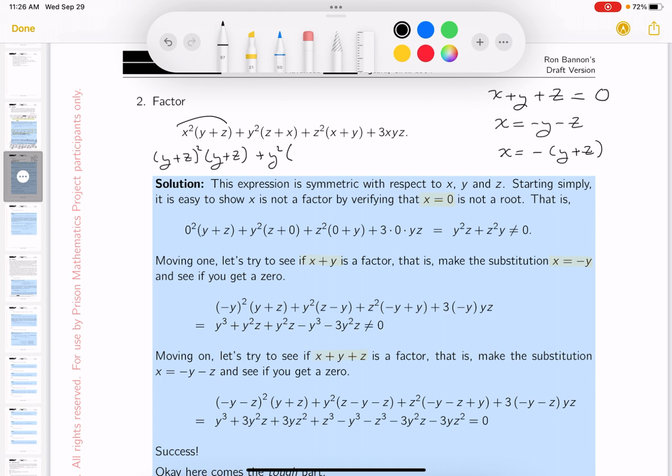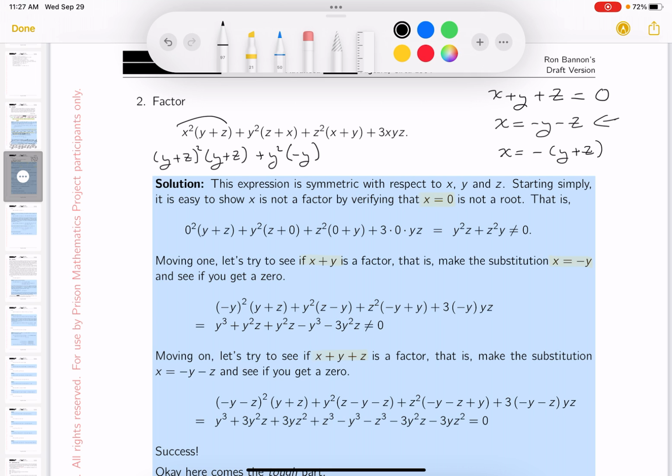And z plus x, right? Well, that would be z minus y minus z. Again, let me make sure you know what we're talking about. We're talking about this thing over here. Z plus x is z minus y minus z, so it's just minus y.